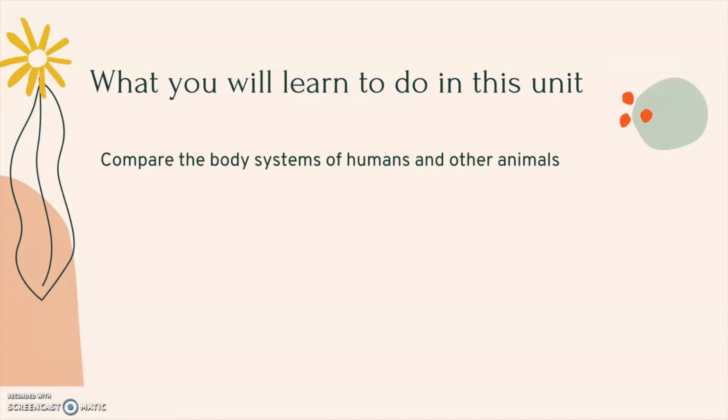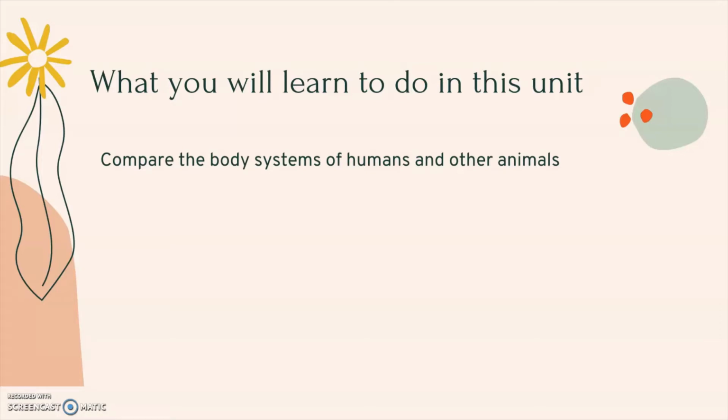Now, the first question: which organs and body systems of humans have you learned about in Theme 4 and so far in Theme 6? Okay, good. In Theme 4, you learned about the digestive system, skeletal system, respiratory system, and circulatory system in humans.